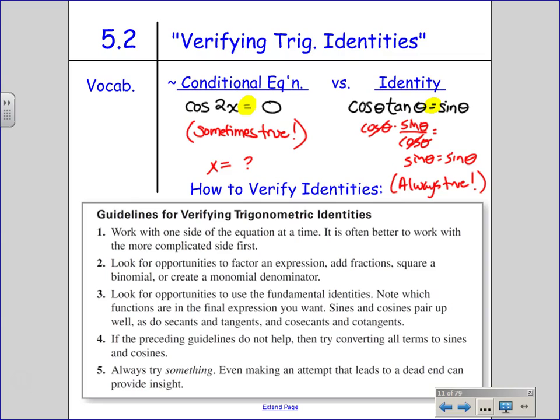Down here, guidelines for verifying trig identities. First things first, write a T. Make a T proof. You have to write the question anyway in your homework, so underneath the question, make a T. Number 1 says, work with how many sides at a time? 1.